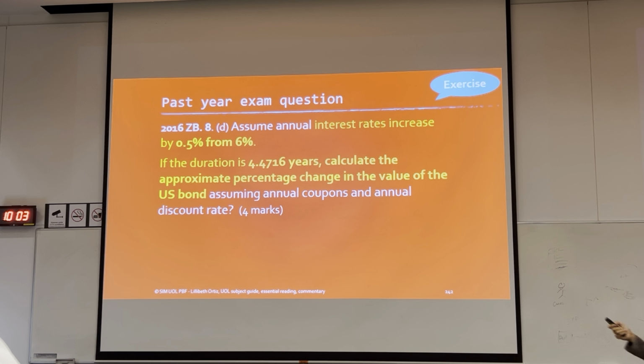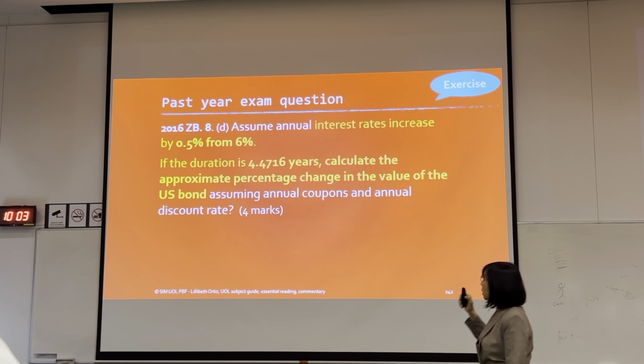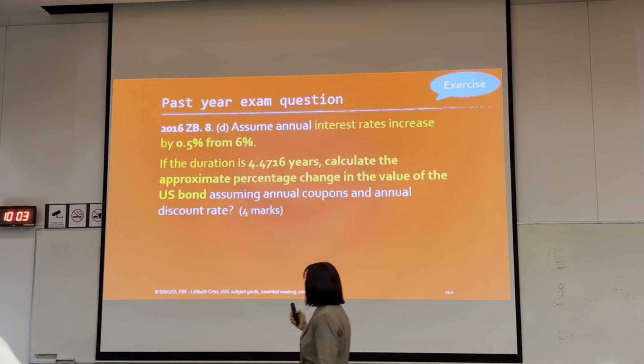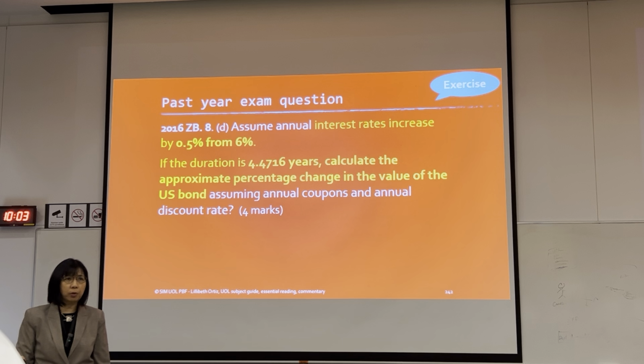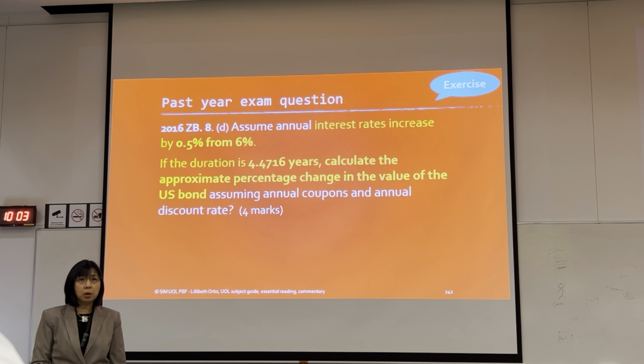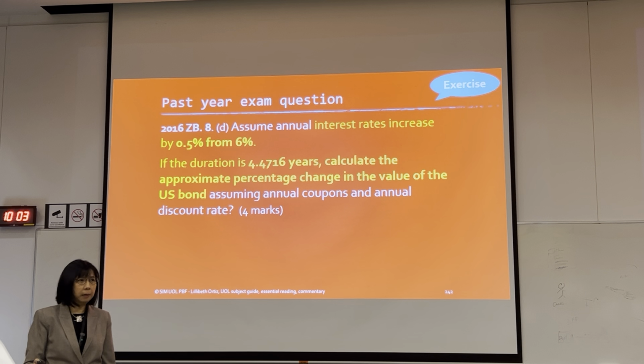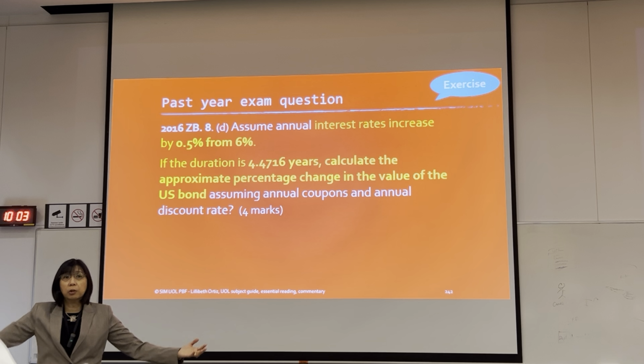So if the duration is 4.47, calculate the approximate percentage change in the value of the bond. If you own bonds, you'd be very concerned about duration, how sensitive it is to changes in interest rates, because changes in interest rates you can't control.